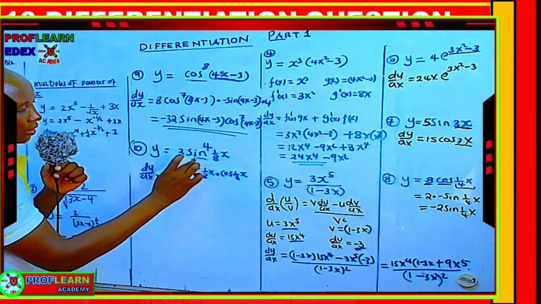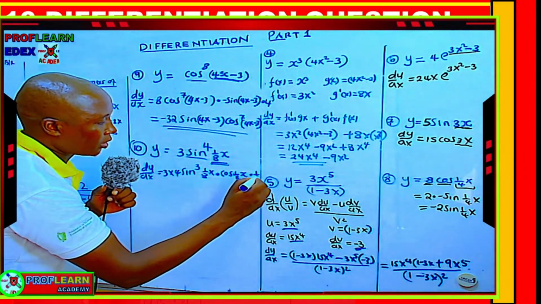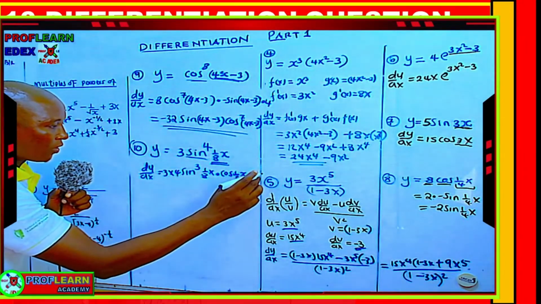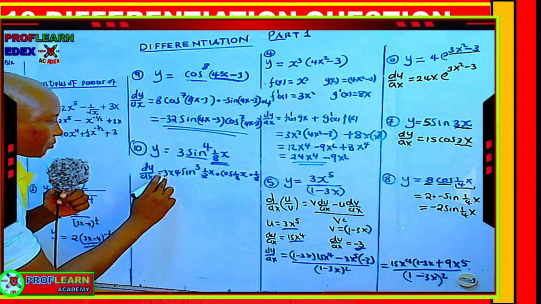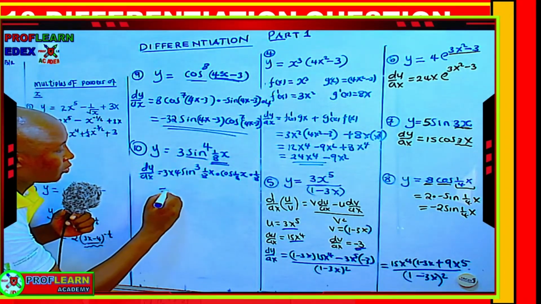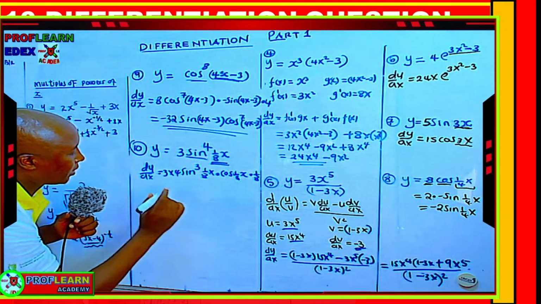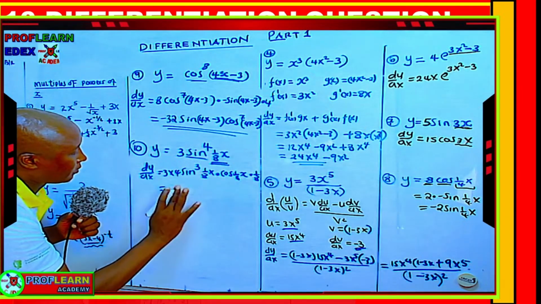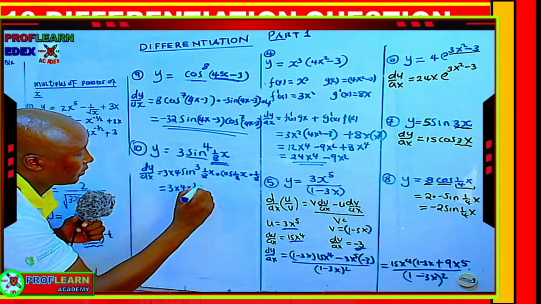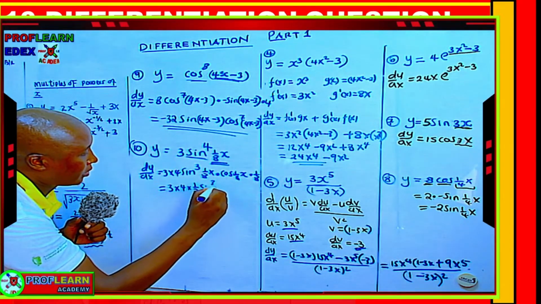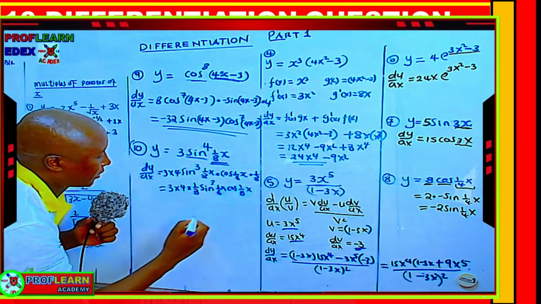Once we have differentiated the cosine, now let's look at this function inside here. If you differentiate it, you are going to get 1 over 8. So 1 over 8 times 4 times 1 times 3. Let me write properly: 3 times 4 times 1 over 8 sine power 3, 1 over 8x cos 1 over 8x.